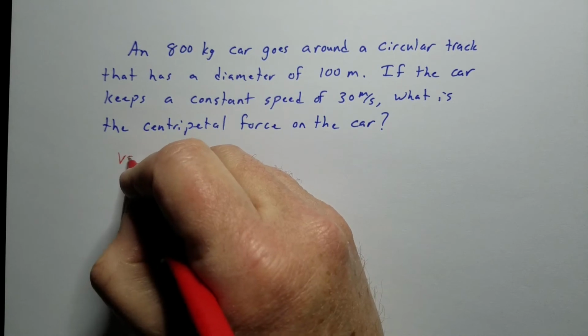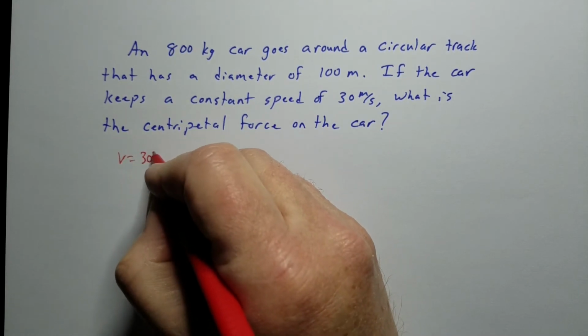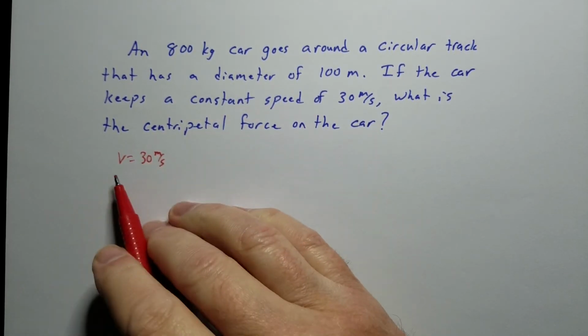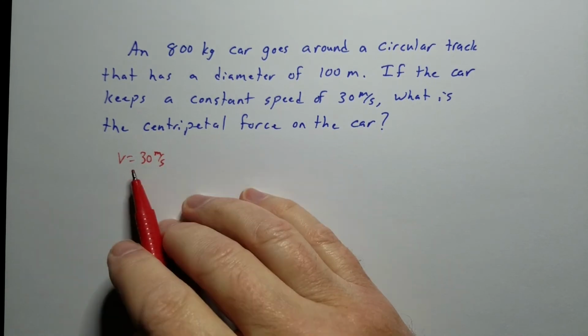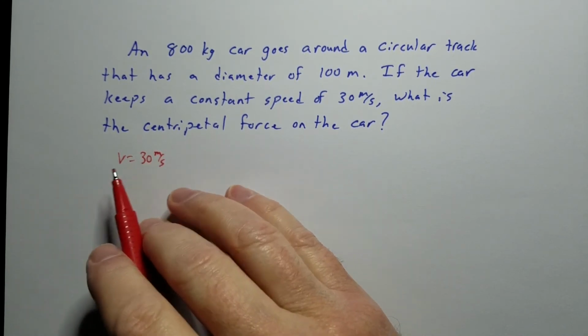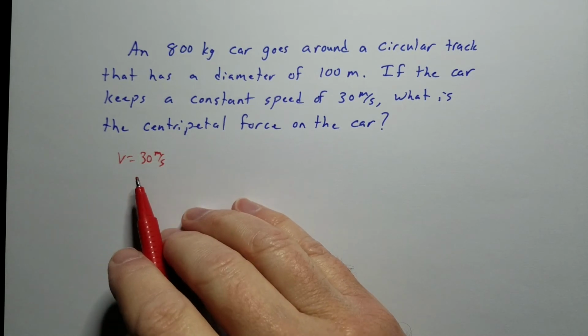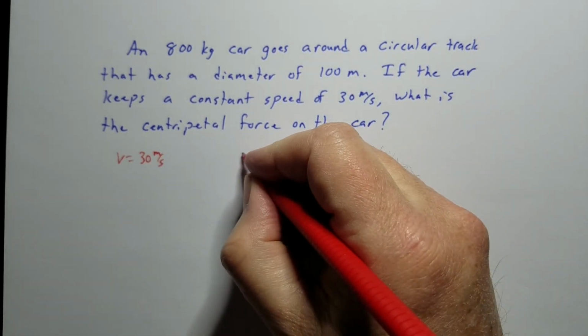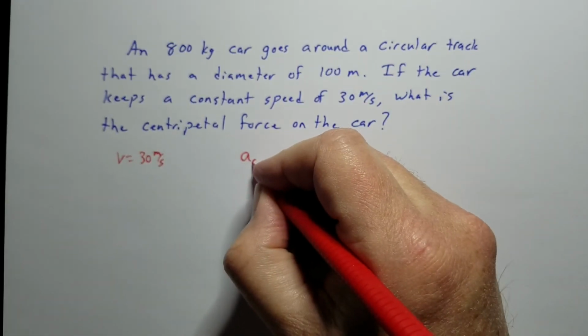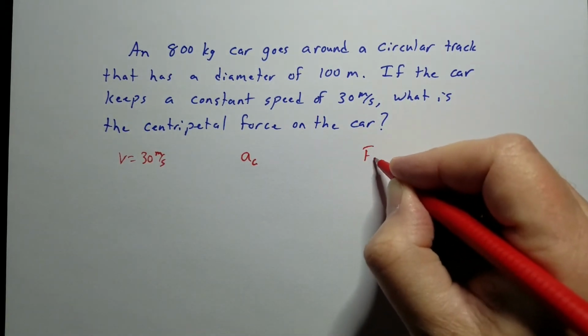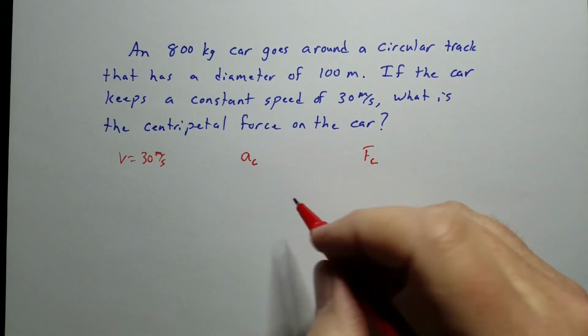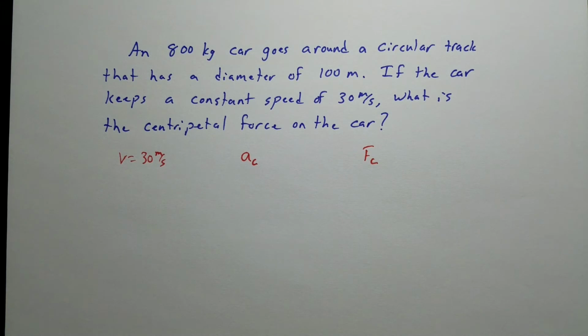So we don't need the period and the circumference to figure out the velocity. To get the centripetal force, we need centripetal acceleration and then centripetal force, so only those two steps.